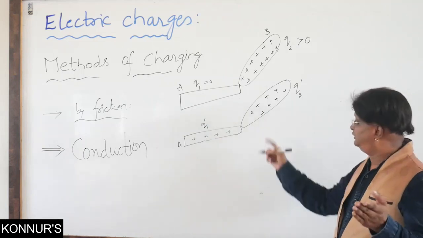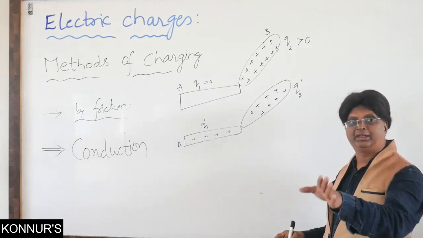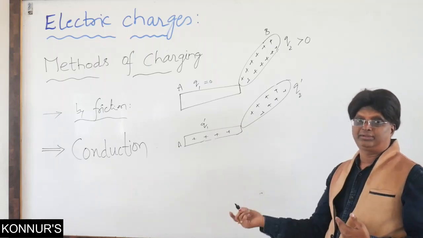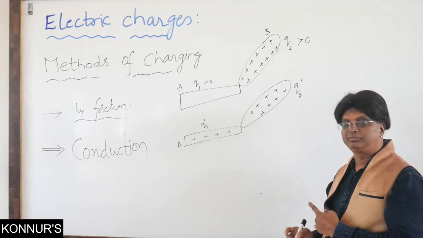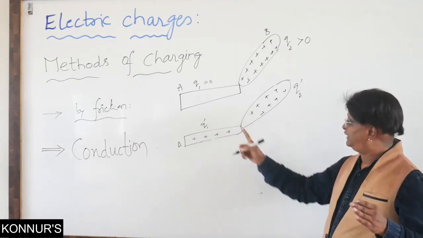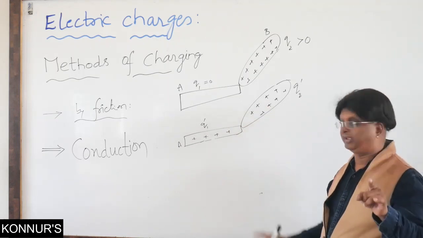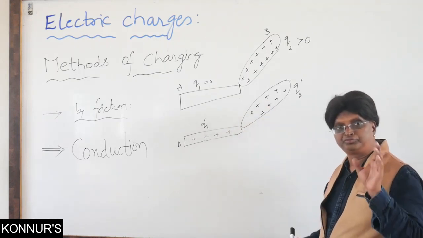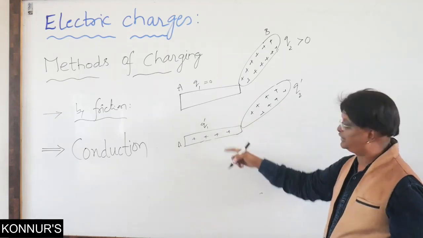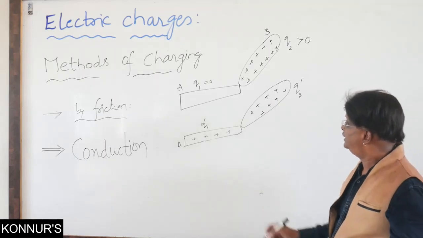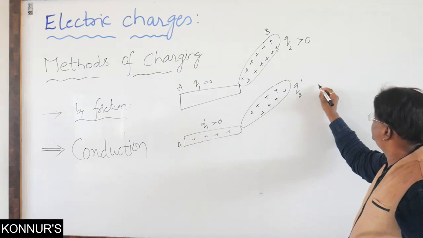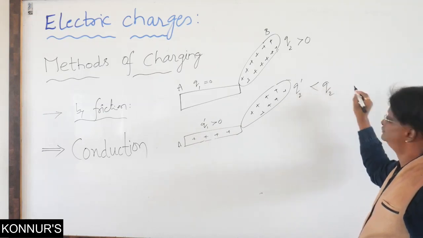Now we observe that in the earlier case, friction, transfer of electrons happened, and one acquires positive charge, the other acquires negative charge. But now you see, when it is conduction, physical contact between the two, the nature of the charge will be the same on both of them due to contact. That is the meaning of conduction. So now both acquire like charges such that Q1 dash is now greater than 0 and Q2 dash is less than Q2.